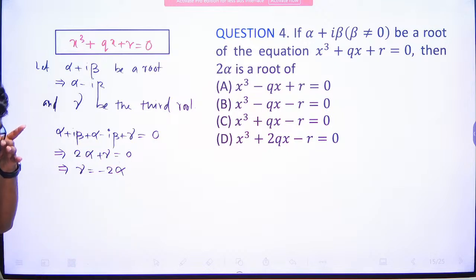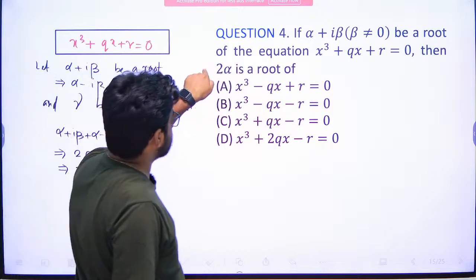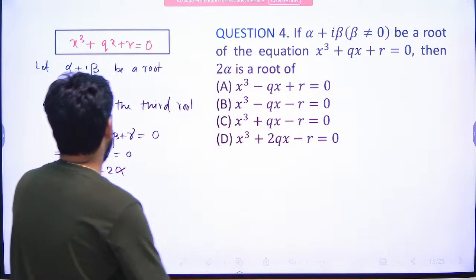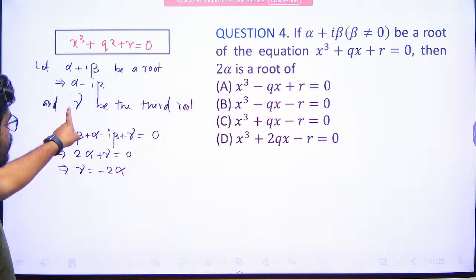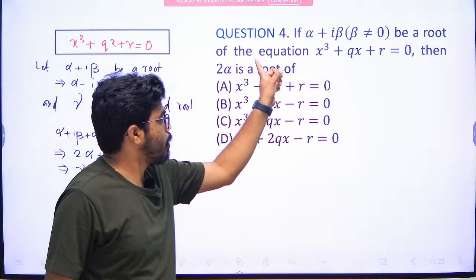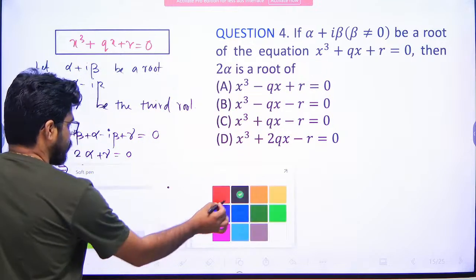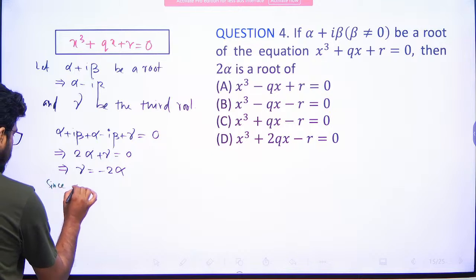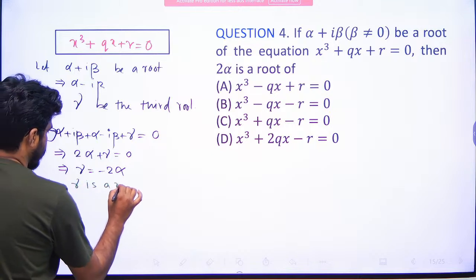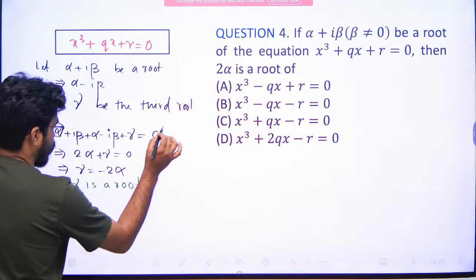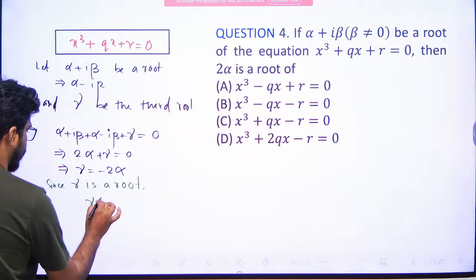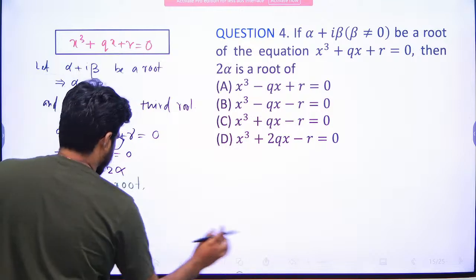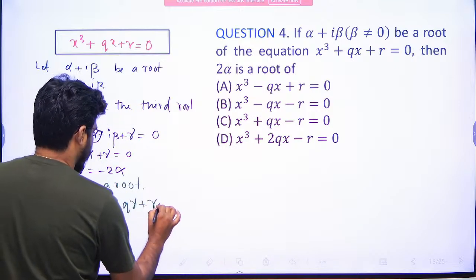We have to find the equation whose root is 2 alpha. Which of the following is correct? Just see, gamma is a root of this equation, so gamma must satisfy the given equation, right? Since gamma is a root of the given equation, gamma cube plus q gamma plus r is equal to 0.